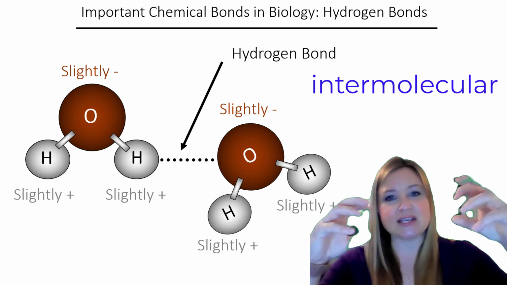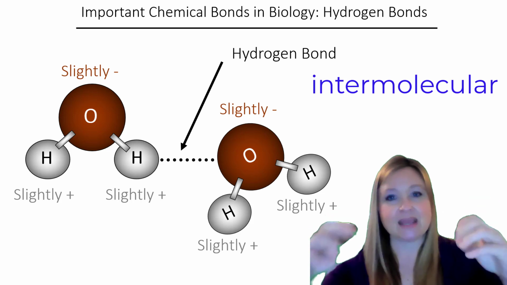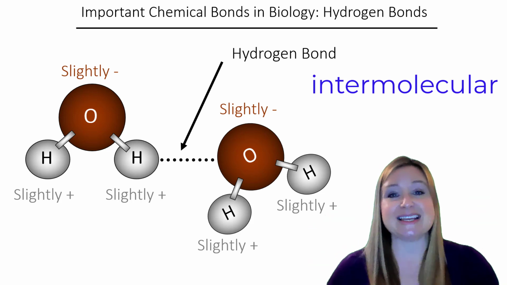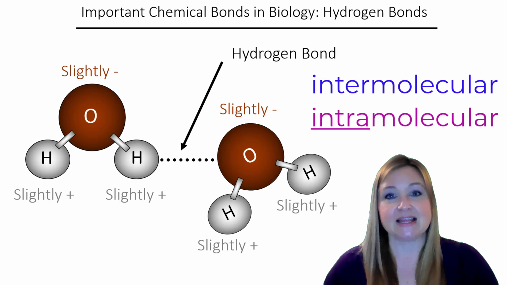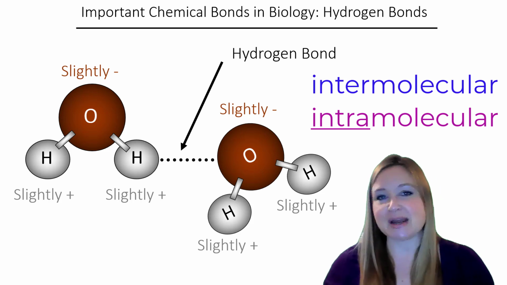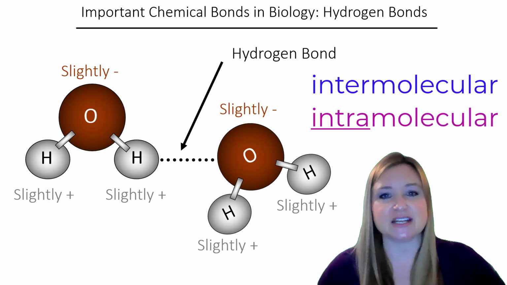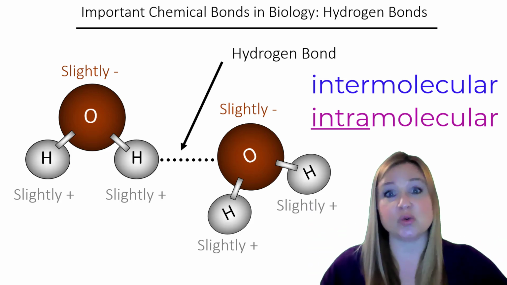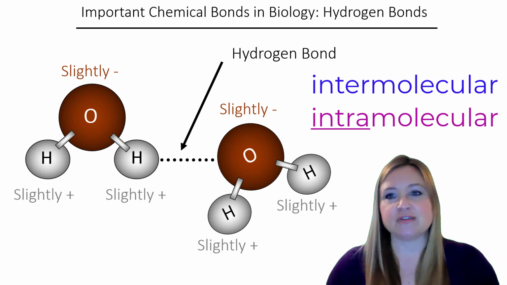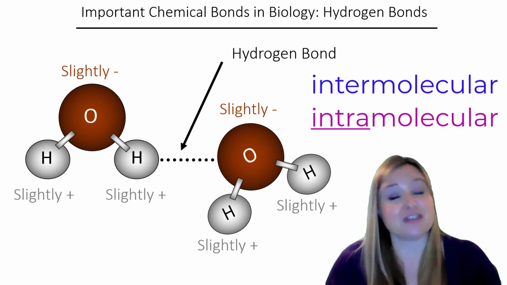It happens between different molecules. Now, on the other hand, covalent bonds are intramolecular bonds, like an intranet. If a company has an intranet, then it's just a network within its own company. Or maybe you've heard of intracellular things.